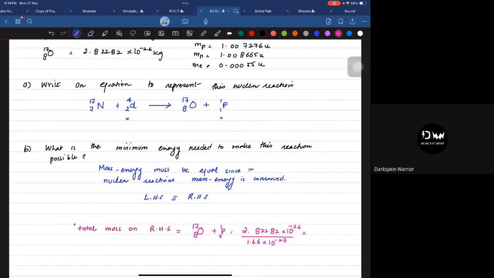I should get around 18.0066983 U. So this is the oxygen's mass plus, sorry, wait. That's not correct.